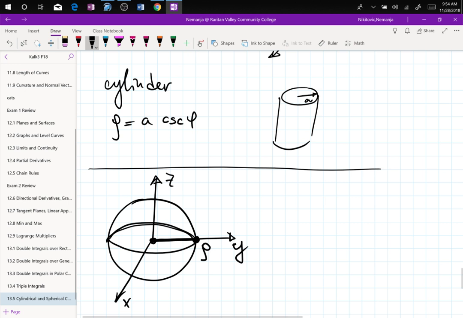Then all I need to do is to take that disk and flip it pi, not 2 pi, pi, because half of the disk, as I flip this pi, you see what happens? The half of the disk will trace the upper half of the ball. The second half of the disk is going to make the bottom part of the ball. That's why you only swing pi, not 2 pi.